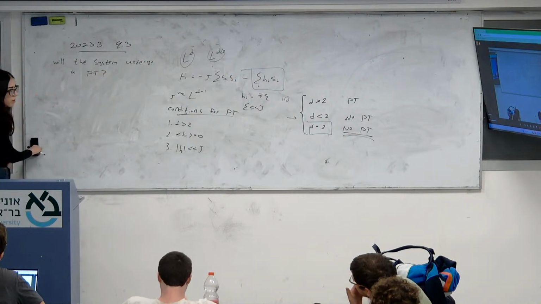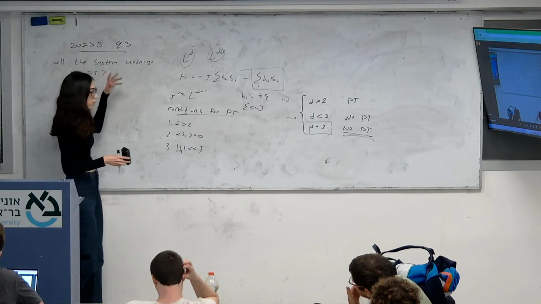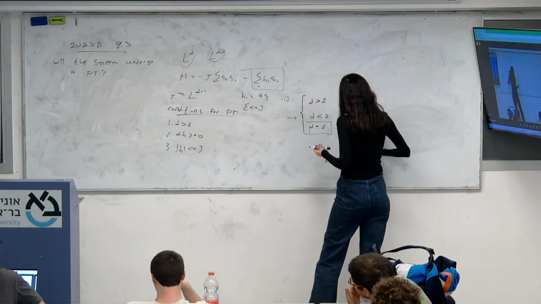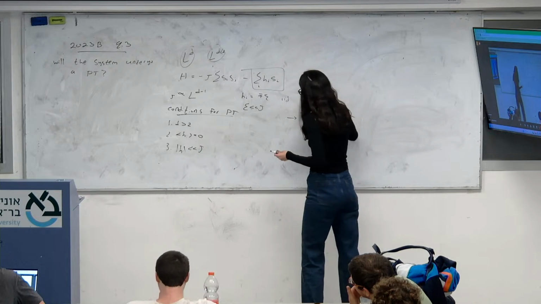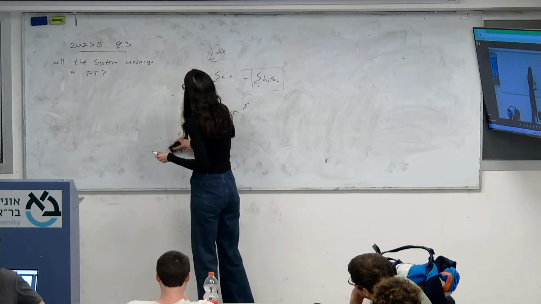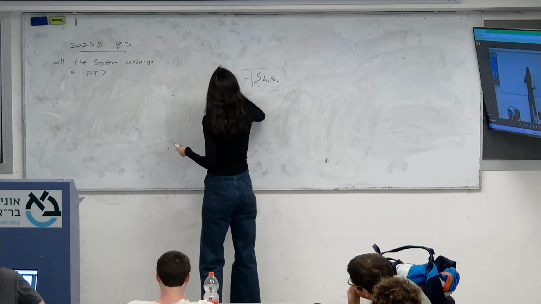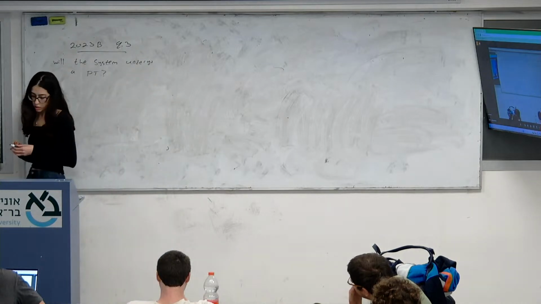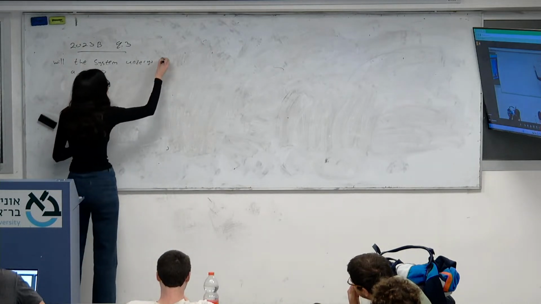It's a finite temperature, second order phase transition. So the dimension is 3.